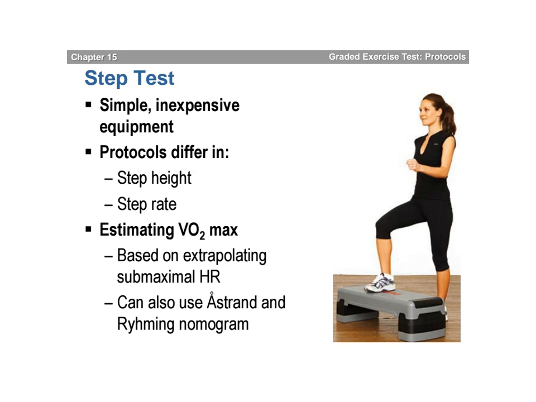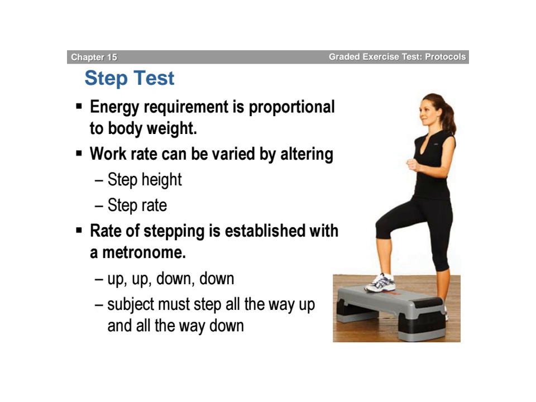And we can also use the same Astrand and Rhyming nomogram that we just used previously. So continuing with the advantages, the energy requirement is proportional to body weight. So as a person increases in weight, they're going to use more energy, which is similar to a treadmill. Work rate can be varied by altering step rate and step height.